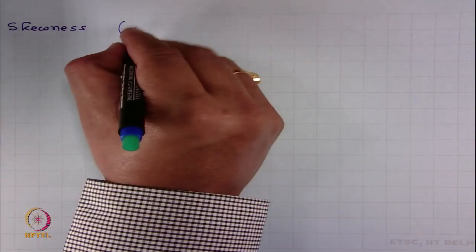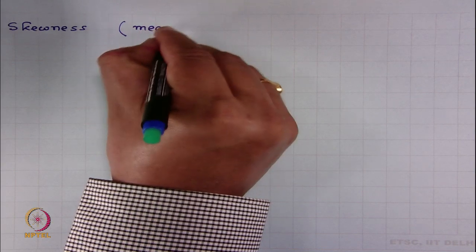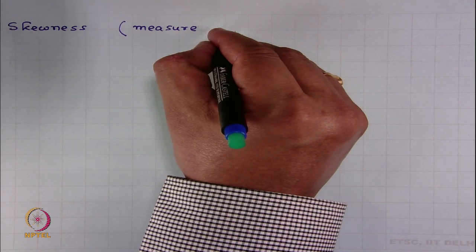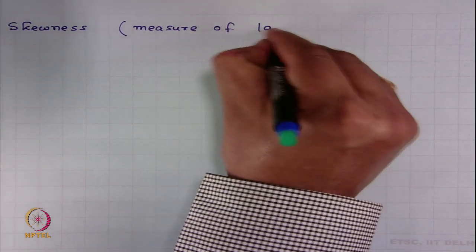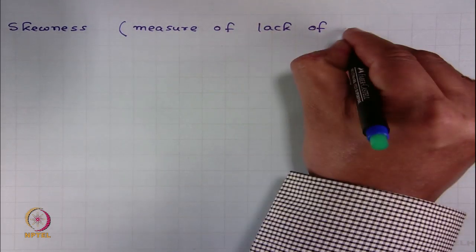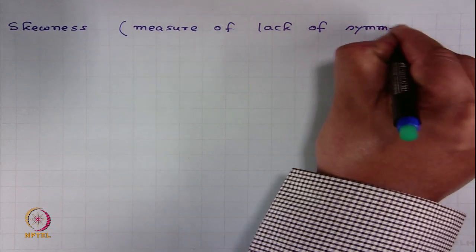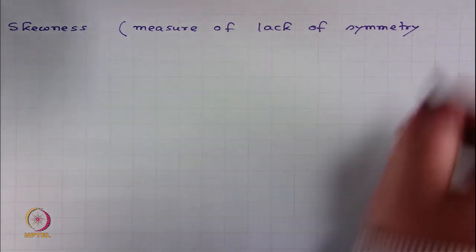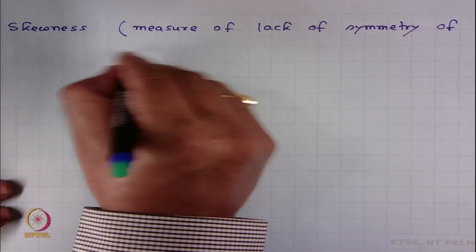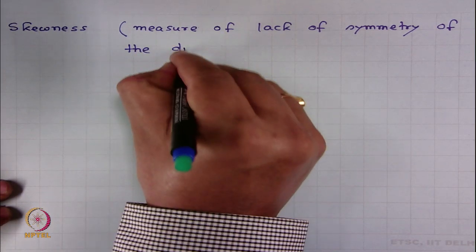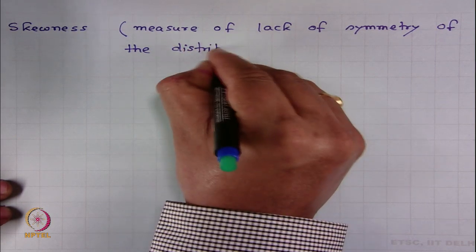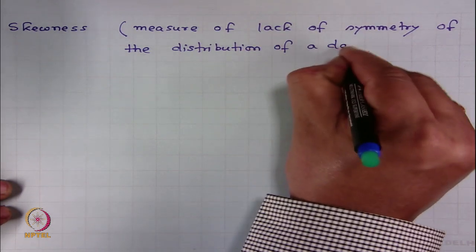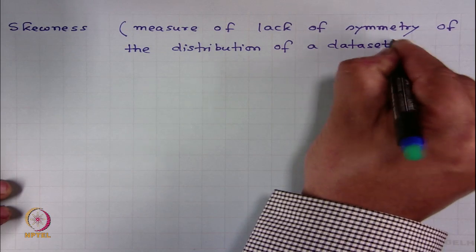Skewness characterizes the lack of symmetry of a distribution, a measure of lack of symmetry of the distribution of a data set.